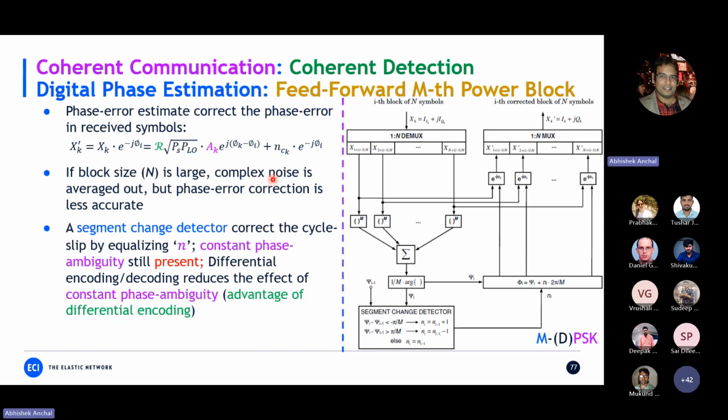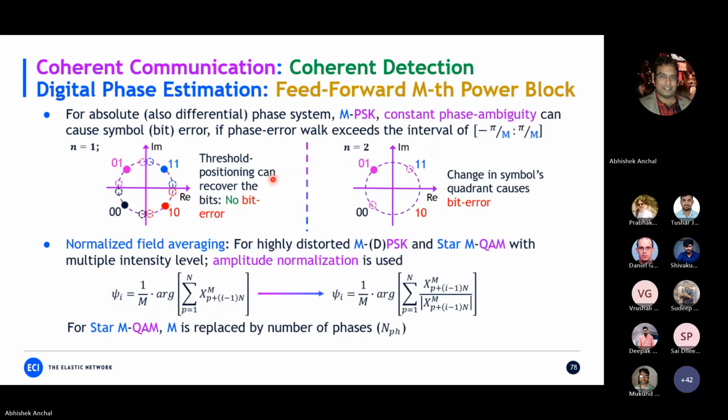Okay, so this is what we use so far for the differential system. As we discussed, differential is better for the phase ambiguity. It can reduce it. But for certain cases, it might not reverse, for example the cycle slip. And if your signal is very highly distorted, sometimes the intensity level is very highly distorted.